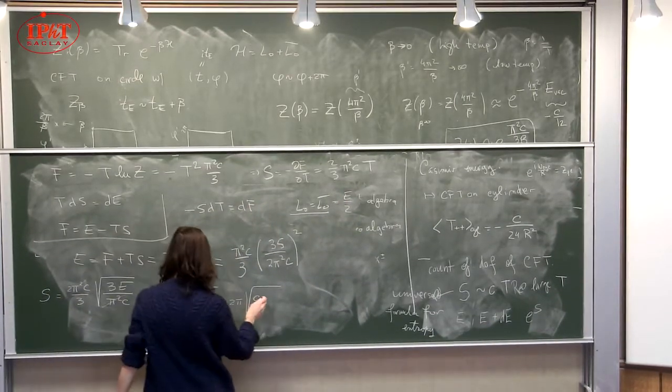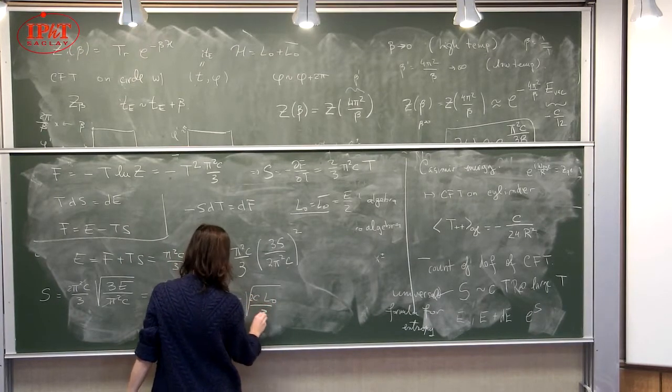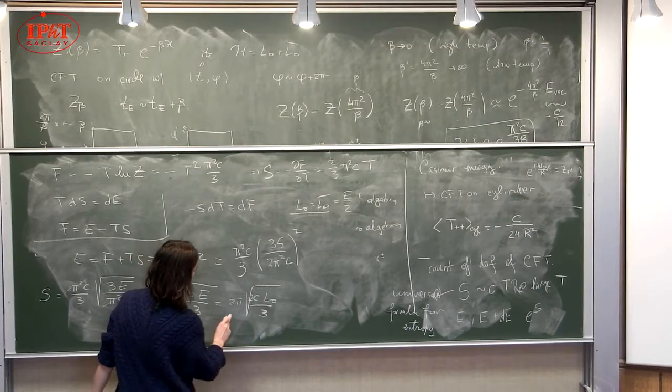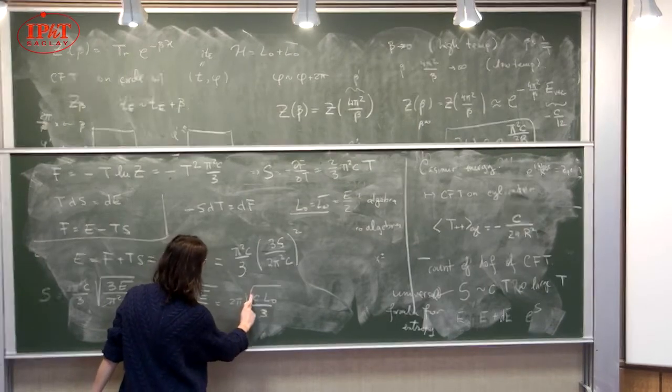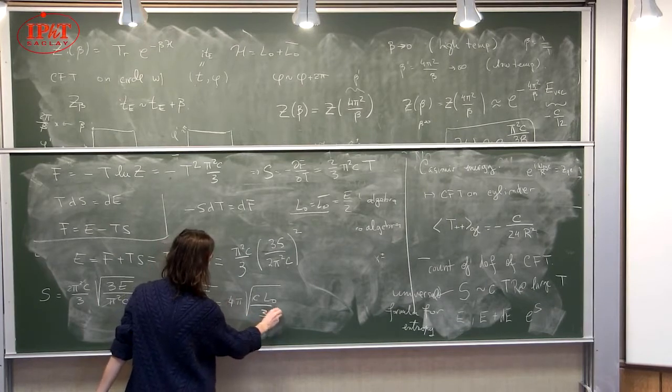So here I get 2c L0 over 3. And I want to pull the 2 out. Yeah, sorry about the manipulation. I'm making this a 4, and this is 3 times 2.